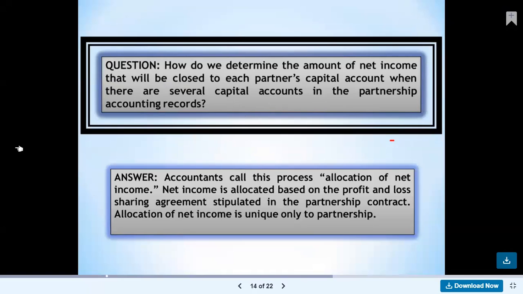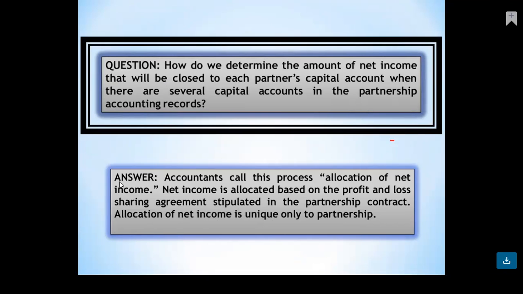Accountants call this process allocation of net income. Net income is allocated based on the profit and loss sharing agreement stipulated in the partnership contract. Allocation of net income is unique only to partnership. Again, in part 1, I already tackled the importance of the contract. There should be a sharing agreement stipulated in the partnership contract.